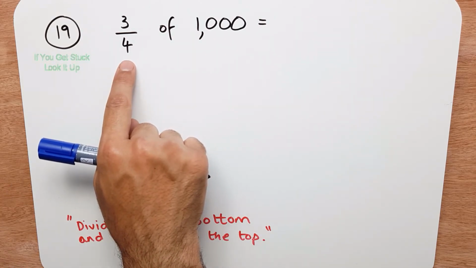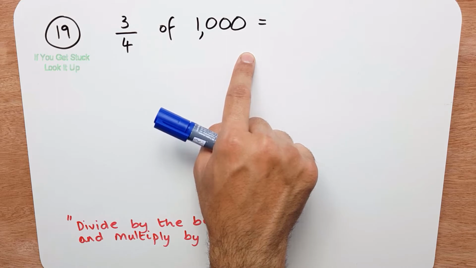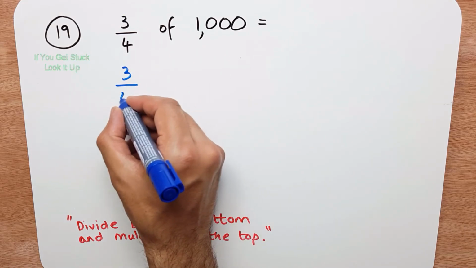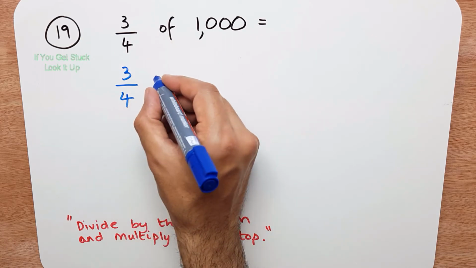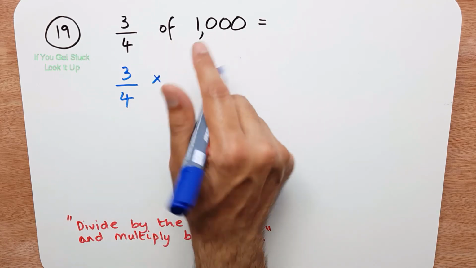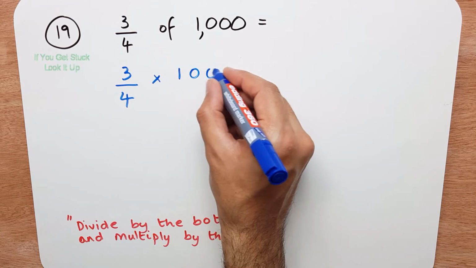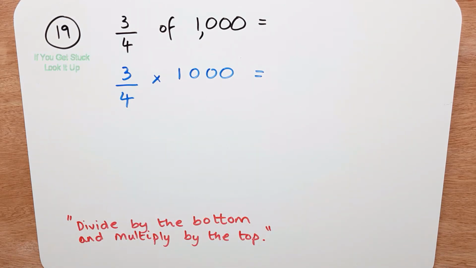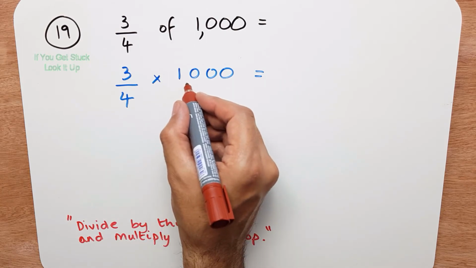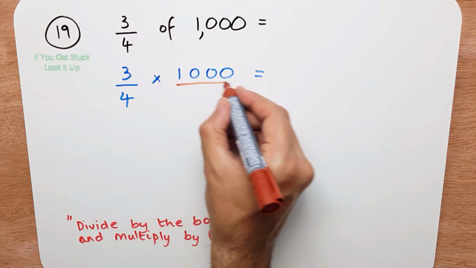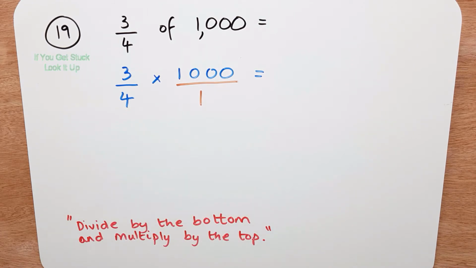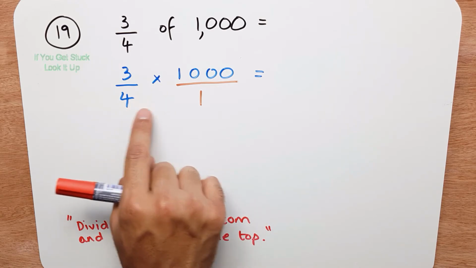As before, we're going to turn this into a calculation. It's going to be 3/4, the "of" becomes a times, and we put 1000 here. That's our calculation. What I like to do is write this number over 1, because now I've got two fractions. What do we know about multiplying two fractions?